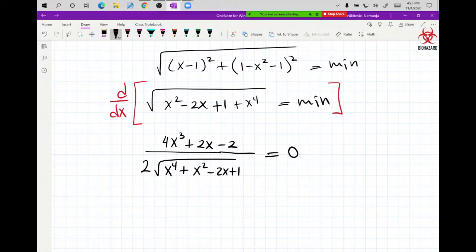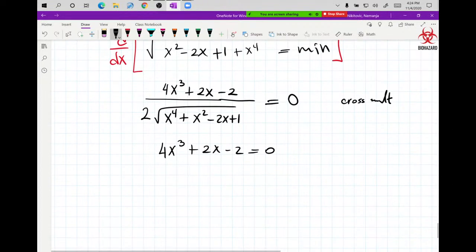So now you cross multiply, that completely kills the denominator, and you just have this. Cross multiply, and you get the one on the bottom.